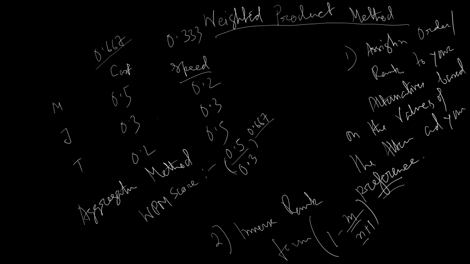0.667. Then I will add to this the same for speed for the same alternatives. That means for speed, it was 0.2 by 0.3, and then to the power of the weightage of speed. The value of speed for Mercedes is 0.2, placed in the numerator, and the value for Jaguar, the next alternative, is placed in the denominator.